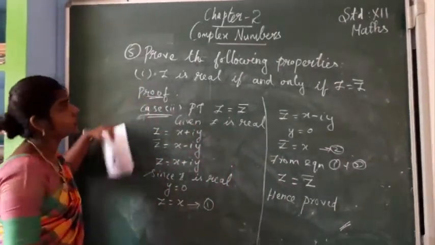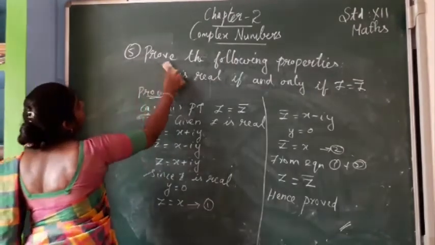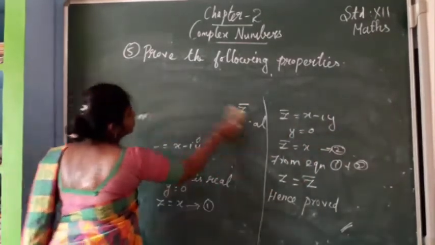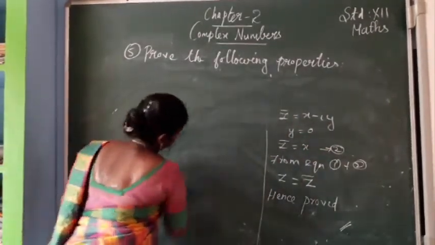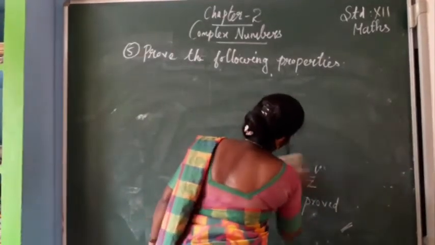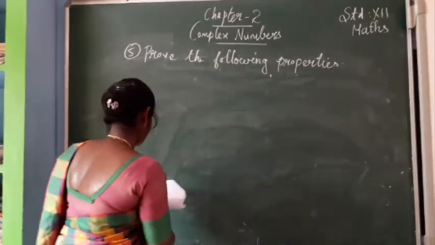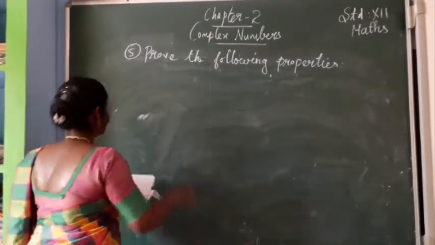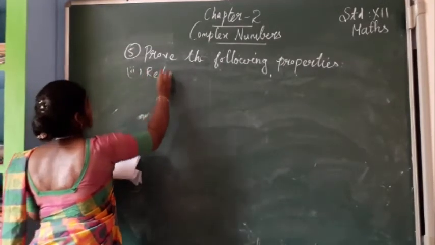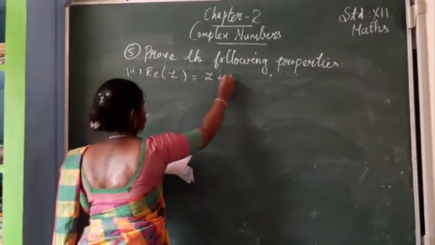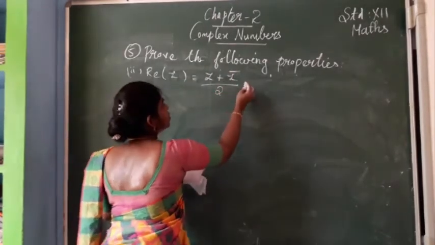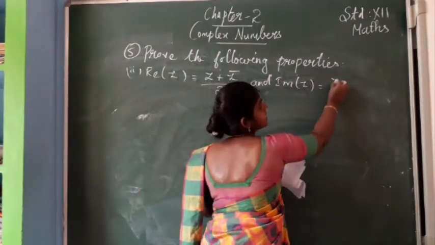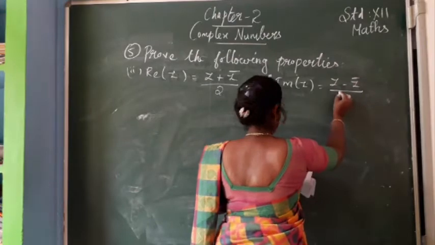So next we move to the second subdivision. Real part of z is equal to z plus z bar divided by 2, and imaginary part of z is equal to z minus z bar divided by 2i.